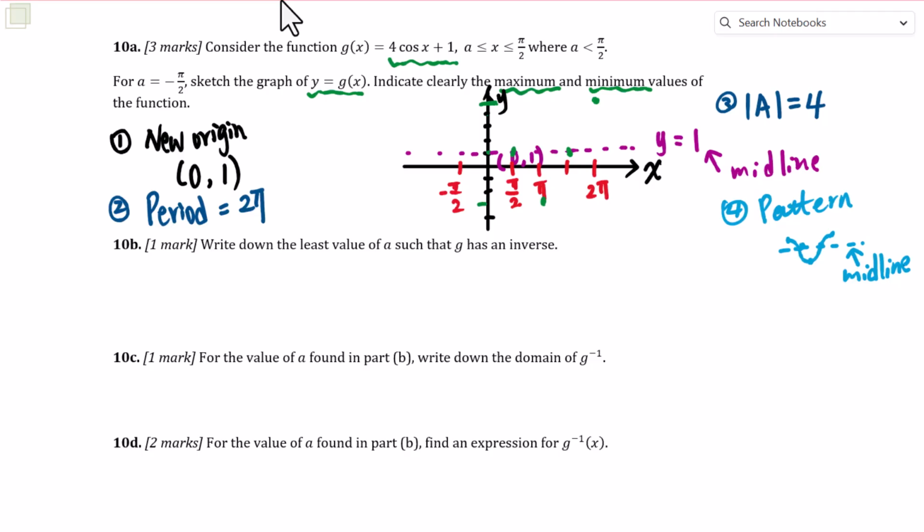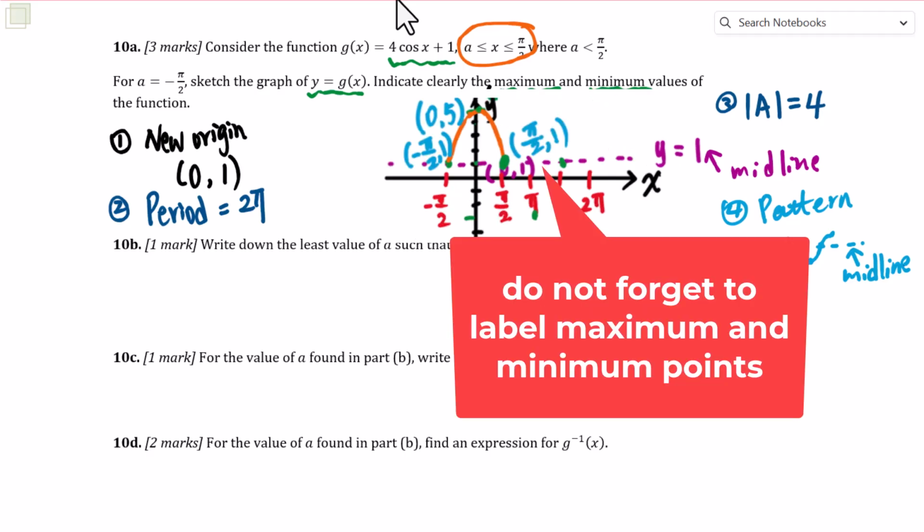Keep going, midline. We stop here. Remember, our domain is from negative pi over 2 to pi over 2. So this is our graph.